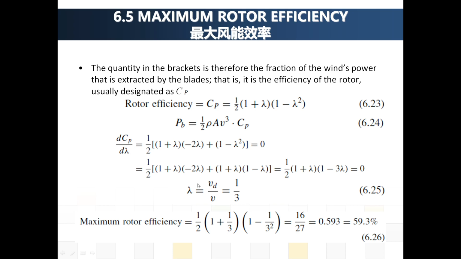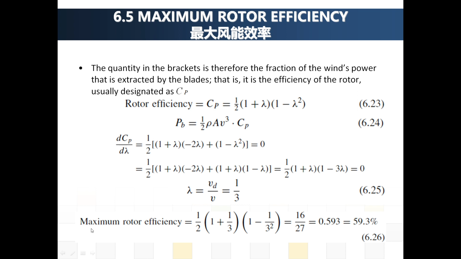At this point, lambda should be equal to 1/3, which means that the downwind speed divided by the upwind speed is equal to 1/3. So the downwind speed will be 1/3 of the upwind speed.